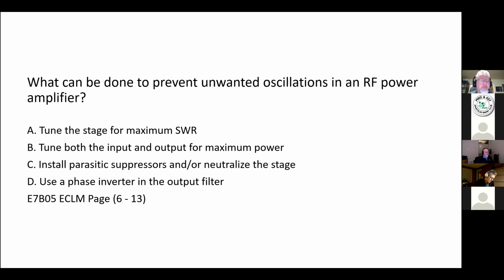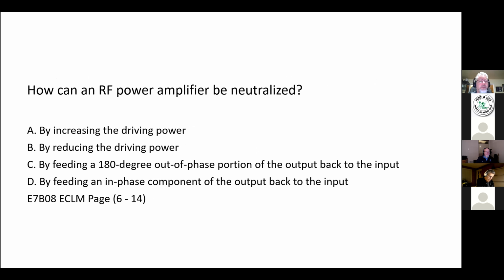C, install parasitic suppressors and or neutralize the stage. Or D, use a phase inverter in the output filter. Charlie is correct. Install parasitic suppressors and or neutralize the stage.